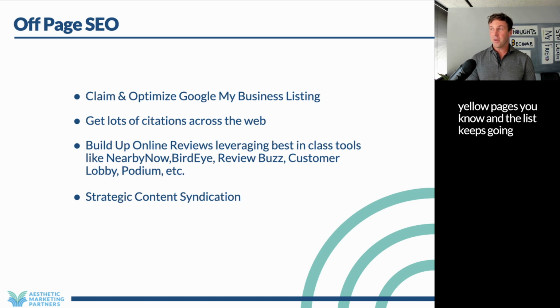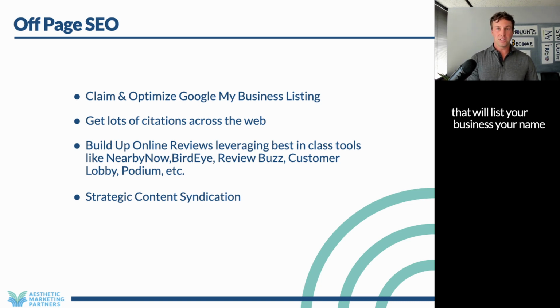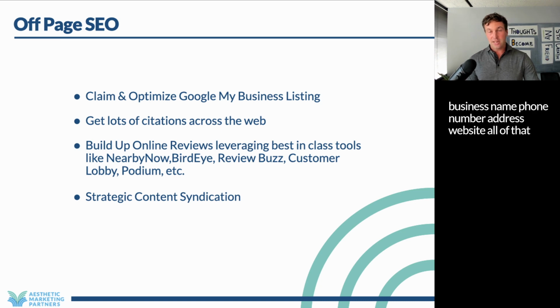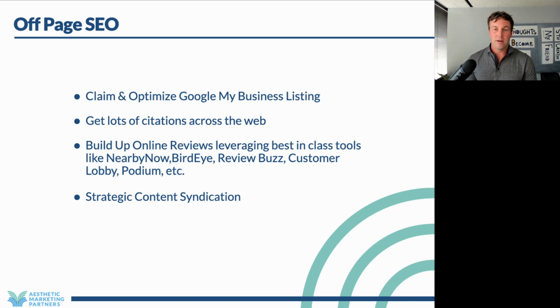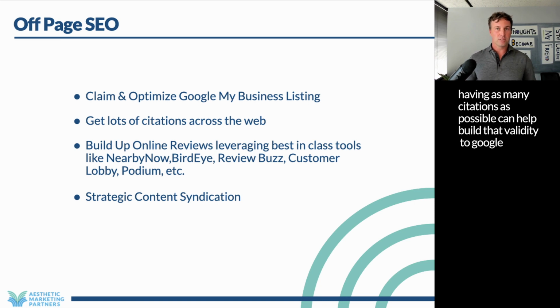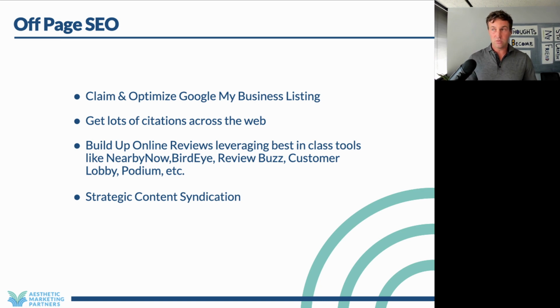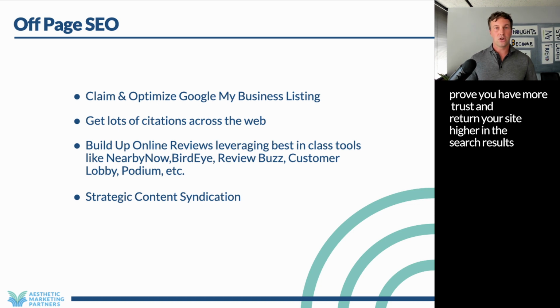Yelp, Yellow Pages, and the list keeps going. And there are many that are specific to your industry as well, as far as healthcare websites that will list your business name, phone number, address, website, all of that. Having as many citations as possible can help build that validity to Google, prove you have more trust, and return your site higher in the search results.